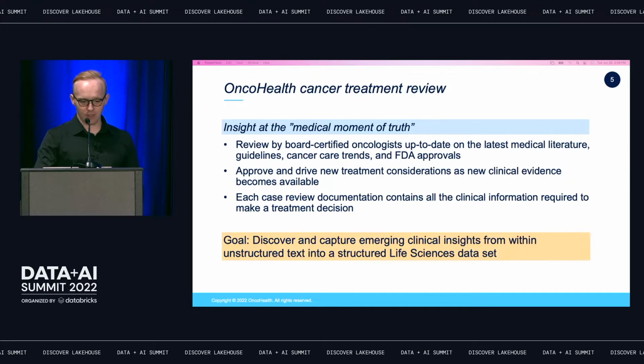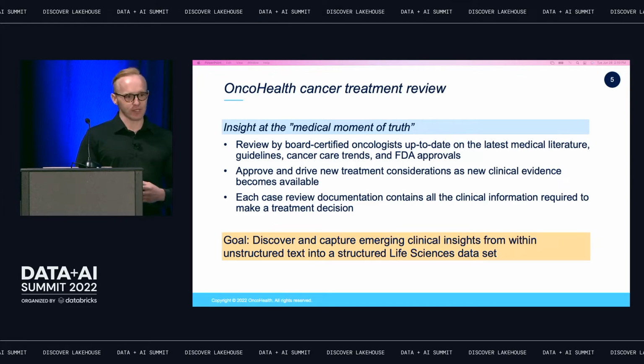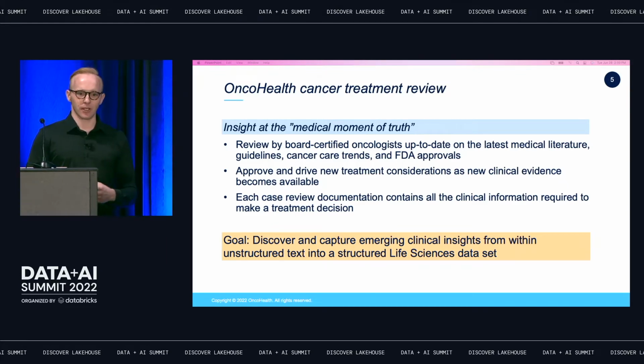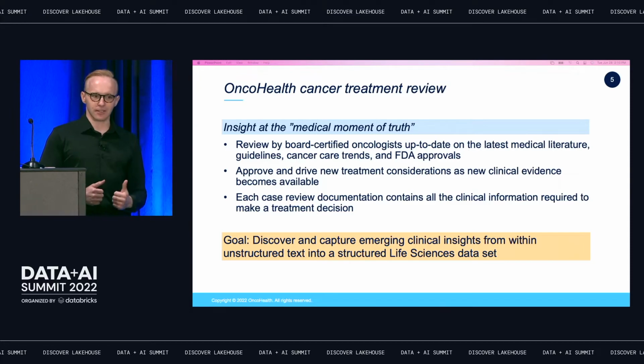And our goal currently, as the company has become a digital platform for oncology in general, is to discover and capture these emerging clinical insights and considerations within unstructured text into a structured life sciences data set. At the latest conference, there was new clinical evidence about a particular genetic treatment, saying a certain exon deletion has become really important for patient response.